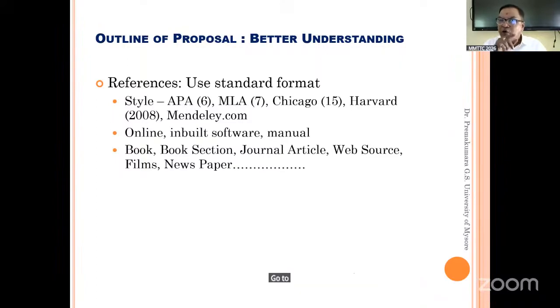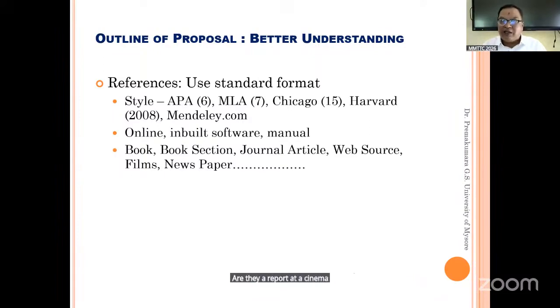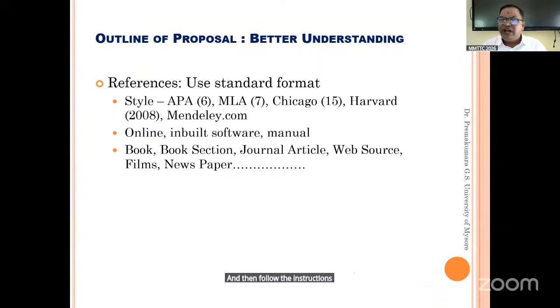Go to References, go to Insert Citation, and then select the style, APA or anything, and then select whether you are giving a reference for an article, an edited book, a report, a cinema, an act, or conference proceedings. Select that and follow the instructions given there. So it's very easy.